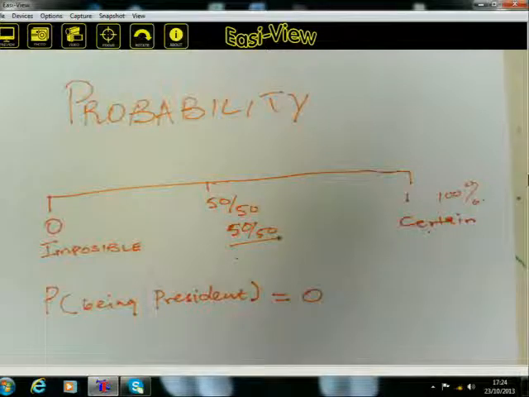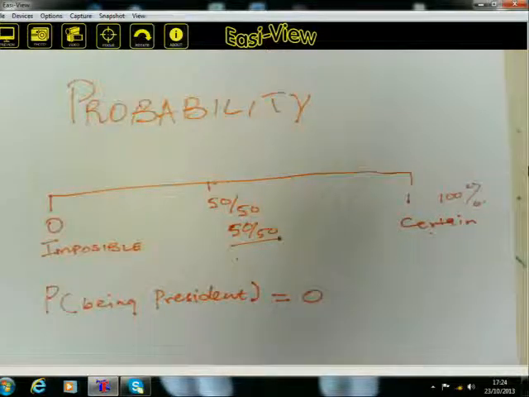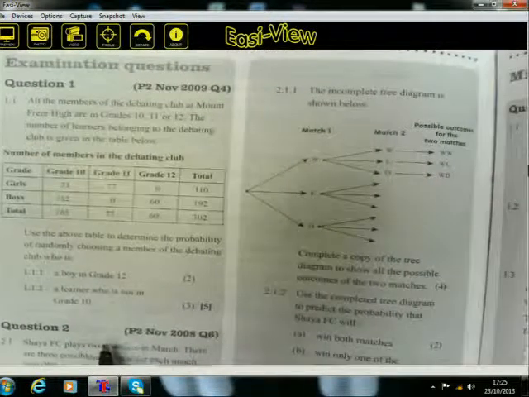Now, let's check how they asked it in the examination. This one is an examination question from paper 2, November 2009, question 4.